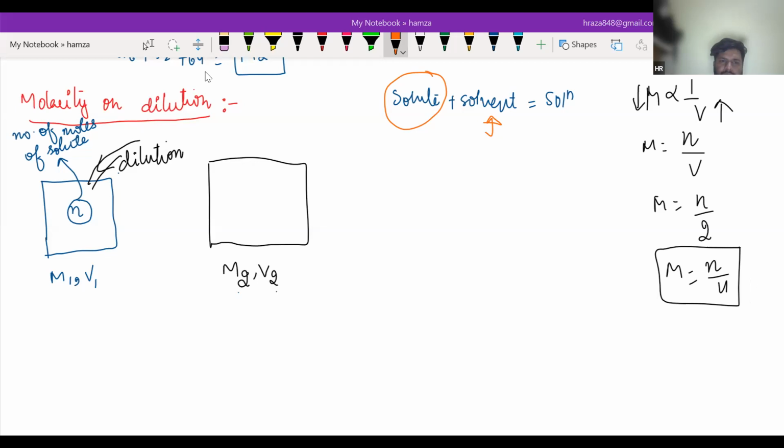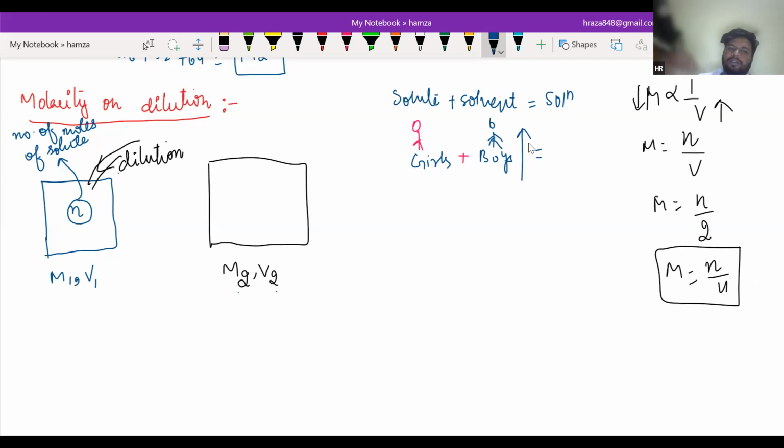Okay, Hamza, I'm going to take an example from day-to-day life. In your class, just suppose these are boys and these are girls, and here these are boys. If you will increase the number of boy students, the overall number of students will increase.